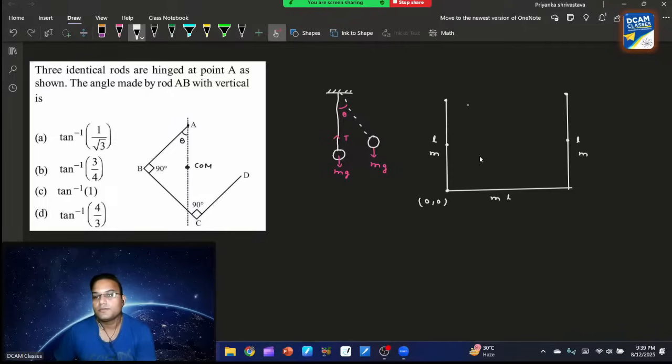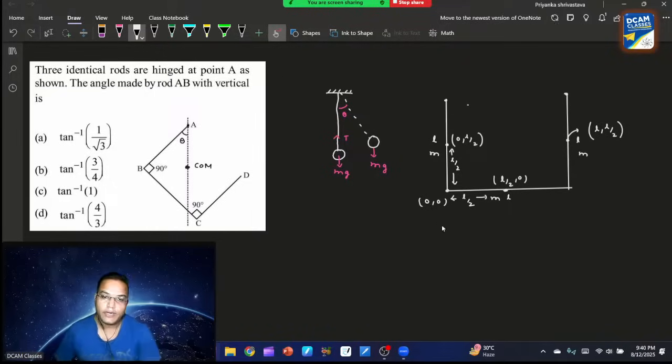So 0, 0, this will be 0, L/2. The center of mass of this will be L/2, 0, because this distance is L/2, half. This is also L/2. And again, the center of mass of this will be L, L/2.